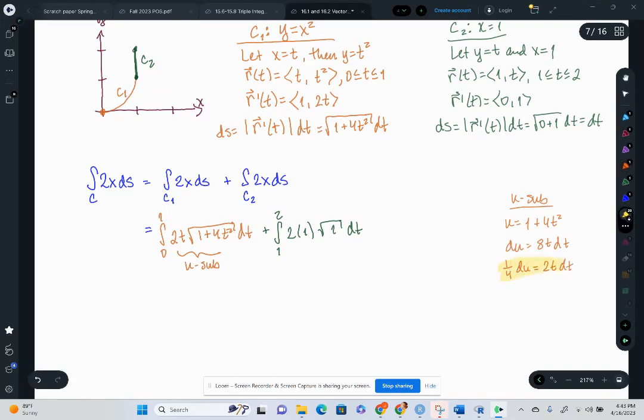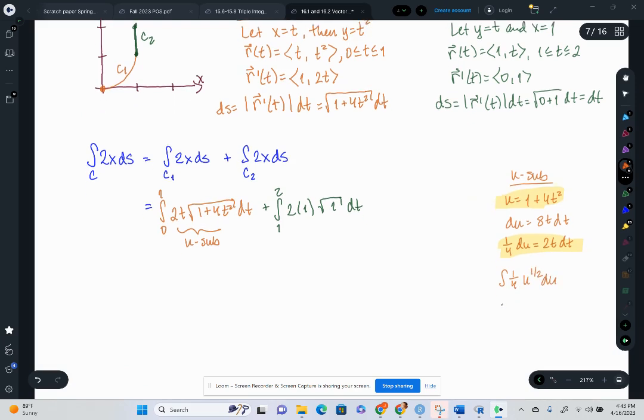So now I have perfect replacements from my integral. So now it looks like I'm integrating 1/4 u to the 1/2 du. This becomes 1/4 times 2/3 u to the 3/2, which simplifies again to give me 1/6 u to the 3/2.